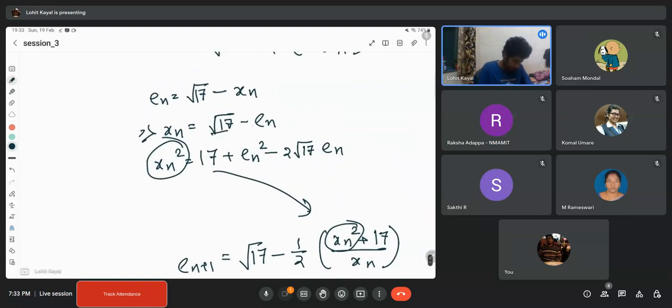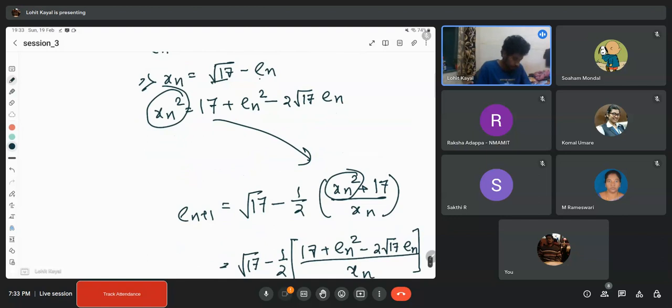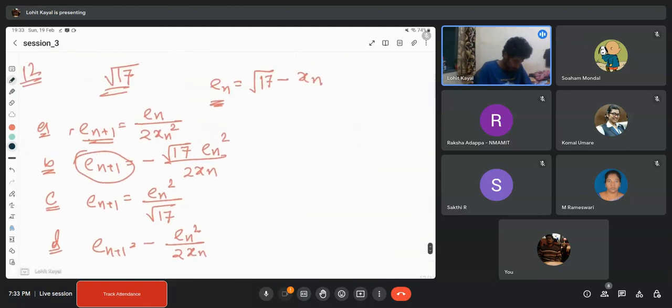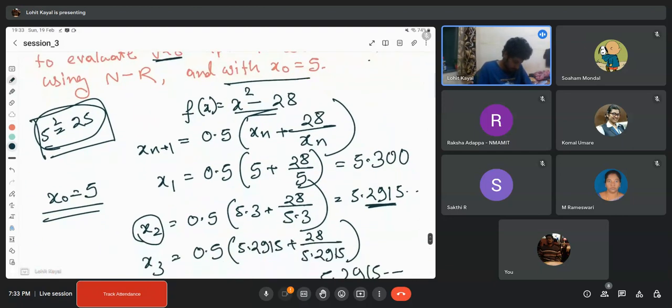Did I make a mistake somewhere? Just a second. Square equal to 17 plus en square. Sorry, en square. So this is correct.